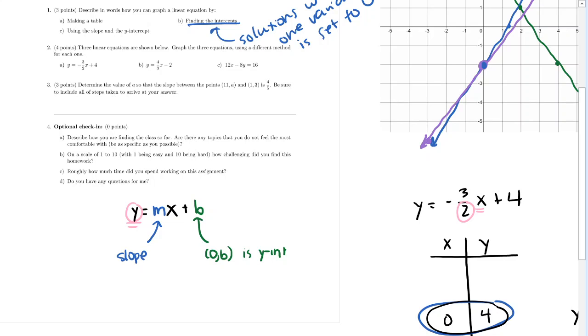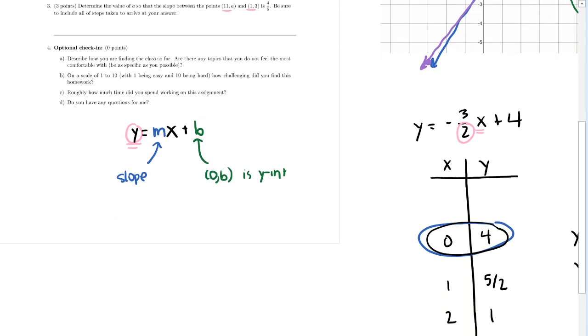And we went through all of those different examples. So the last thing left to do is to answer problem 3, to determine the value of a so that the slope between these 2 points is 4 over 5. So let's be sure to include all the steps taken to arrive at our answer.